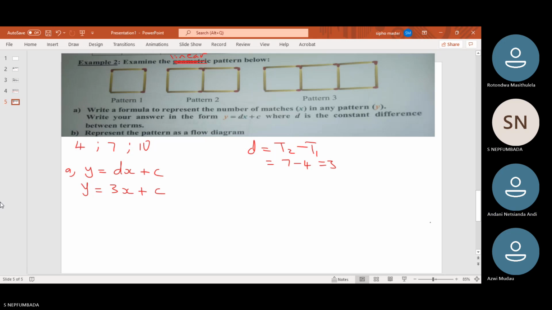To determine the value of c, the number which has to be added to obtain 4, the first term is 4.